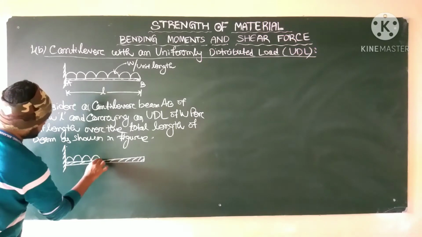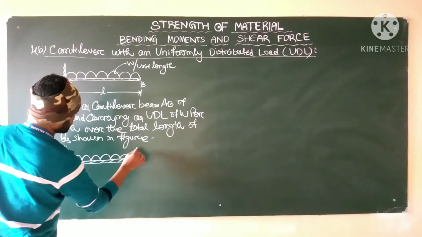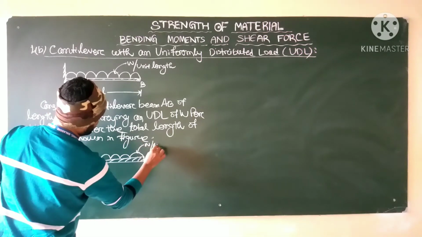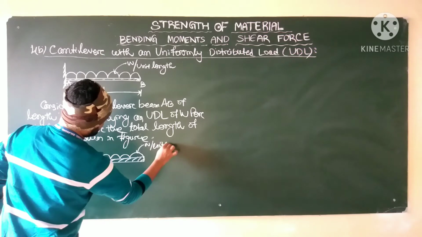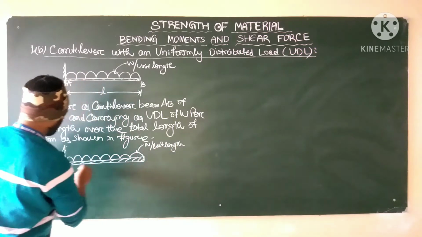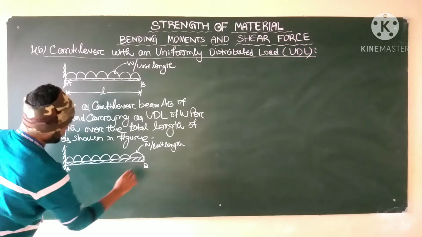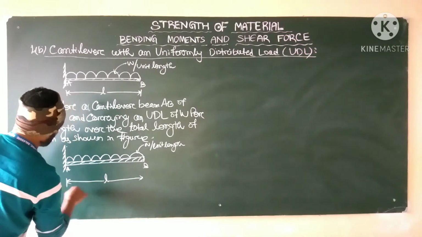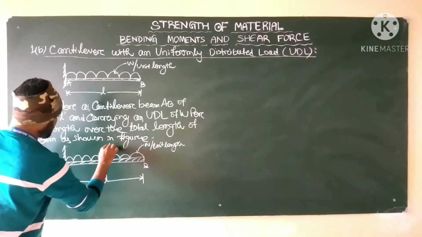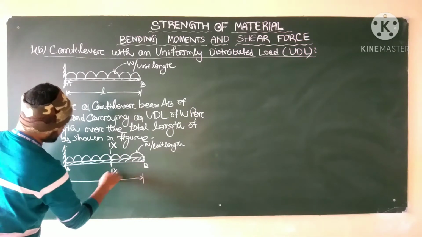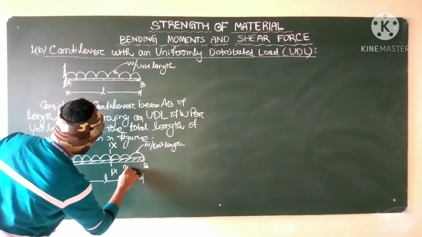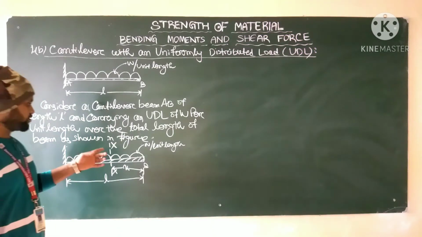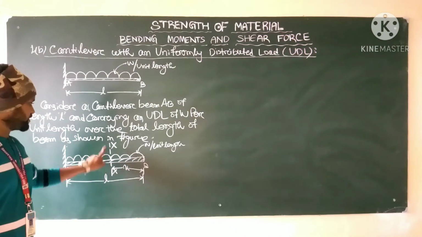This is the uniformly distributed load, W per unit length. This is point A, this is point B, total length small l. Let us consider a section XX, at a distance small x from the free end. Now we will find the shear force and bending moment at XX.